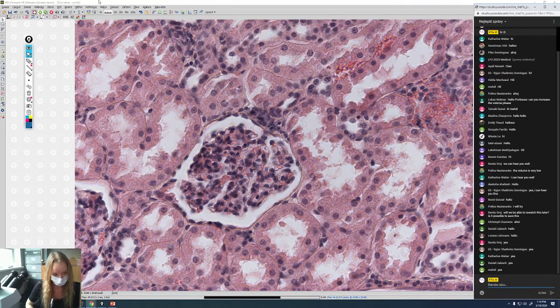Okay, so this whole structure right here is a renal body. You already know that. It's in the cortex, of course. There are some other structures around. We're going to describe them later.